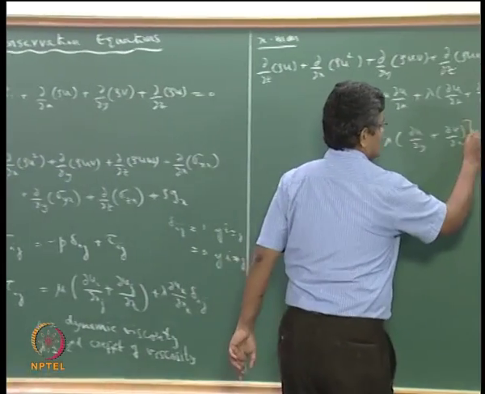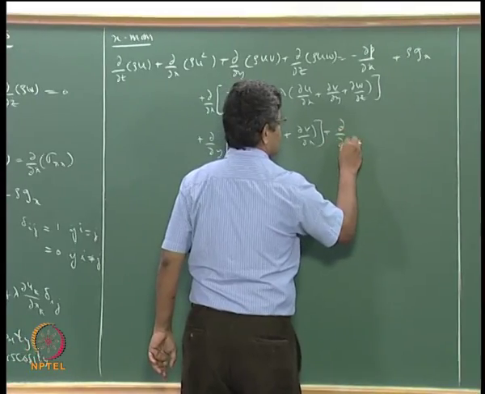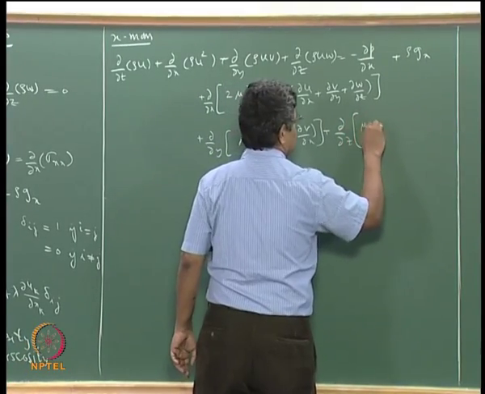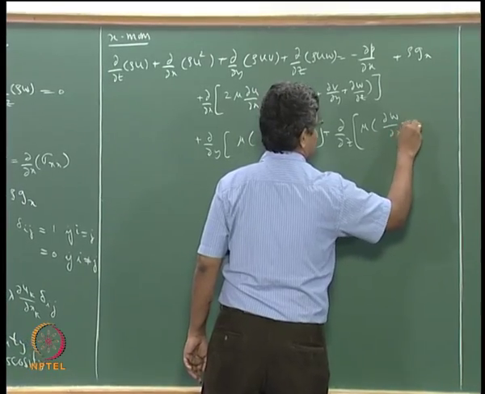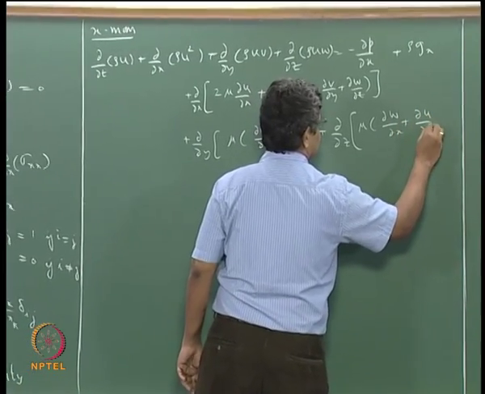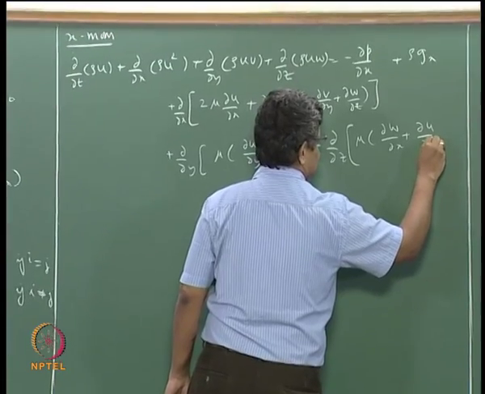So we can write this as plus dou by dou z of mu times dou w by dou x plus dou u by dou z.